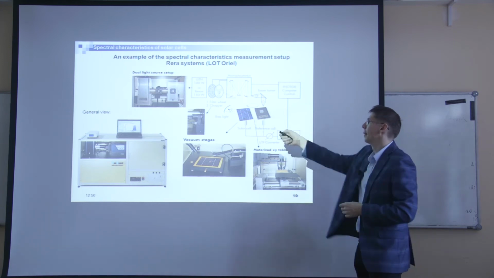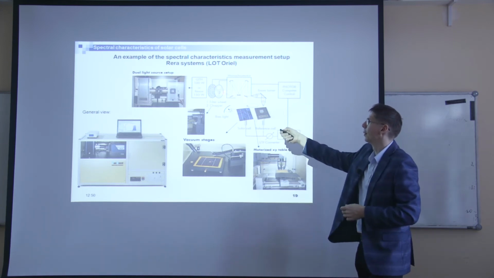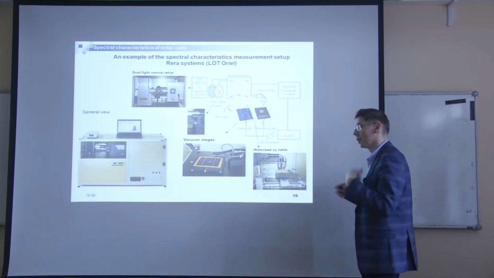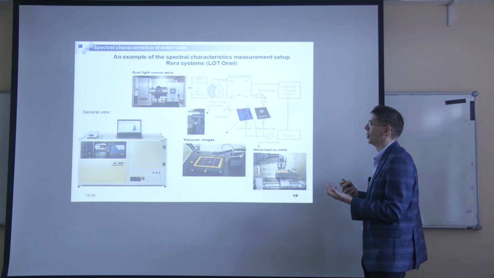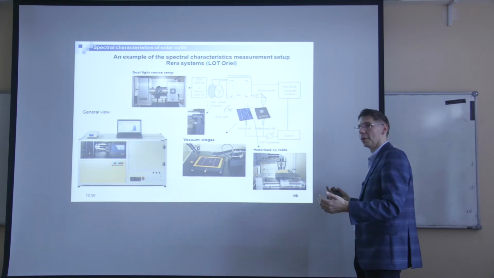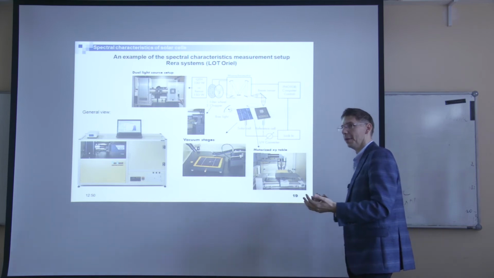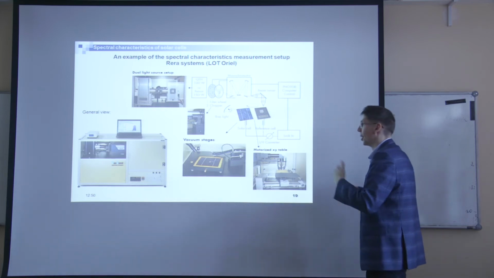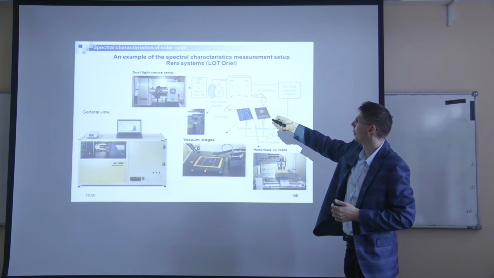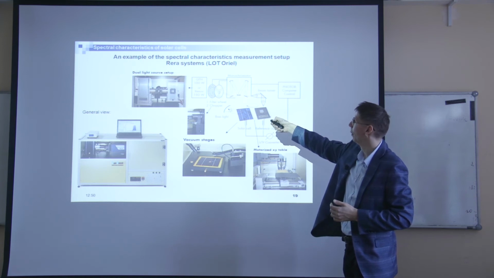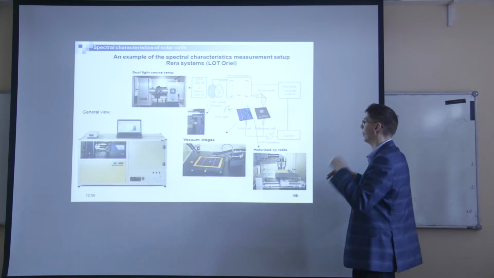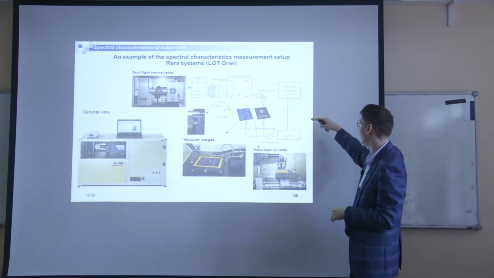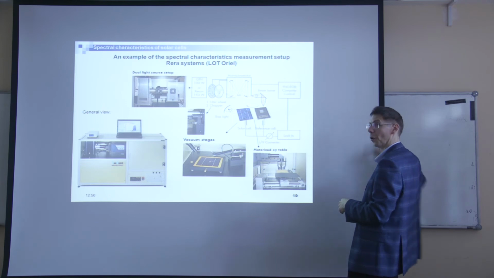By changing the speed of the rotation of the chopper, you change the frequency of the modulation. I think it's clear. You see there is some kind of hole, and when you rotate, you have some modulation. You have a light, you have no light, you have a light, you have no light.